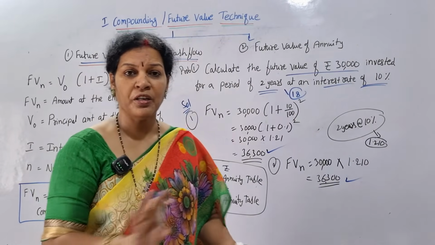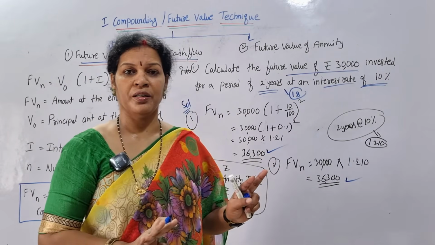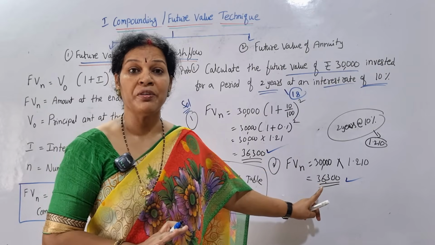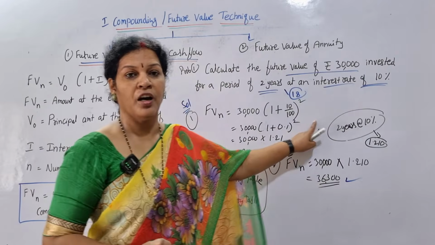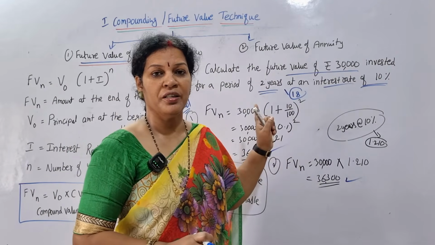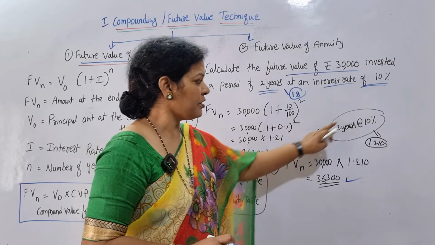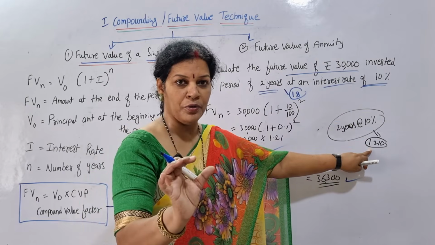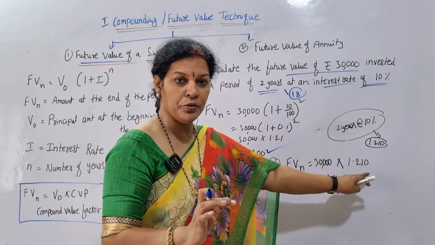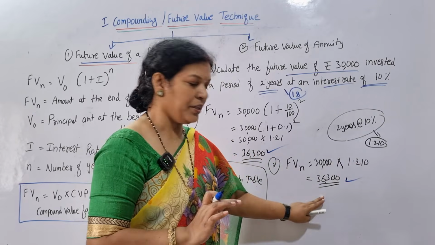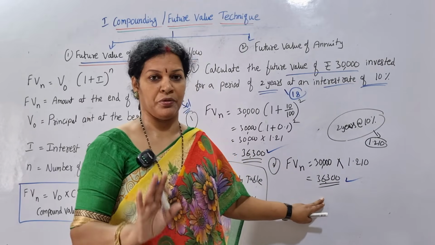Table calculation means no need of formula. You only need to know how much you have invested, how many years and what the interest rate is. If you know years and interest rate, you will get the future value table value. Multiply that investment by the value, and you get the same amount as per the table.